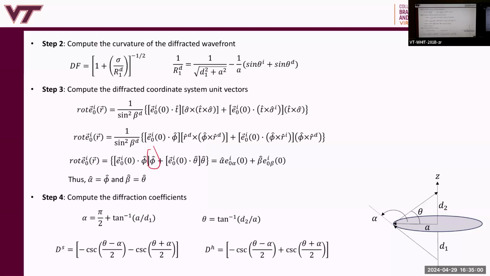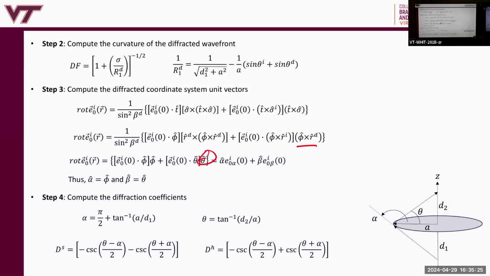Very good. So that's what this phi is, right? So it makes sense, right? So for this coordinate system, it's not a cone, so we don't have to rotate anything. It's E naught incident dotted with phi hat, and that's the phi hat component. It's simple for the disk, right? But when it's a cone, it kind of changes. Then here we have phi crossed with r is what?